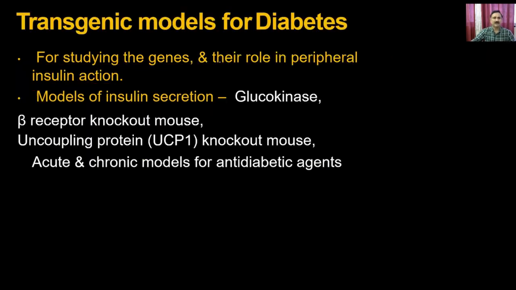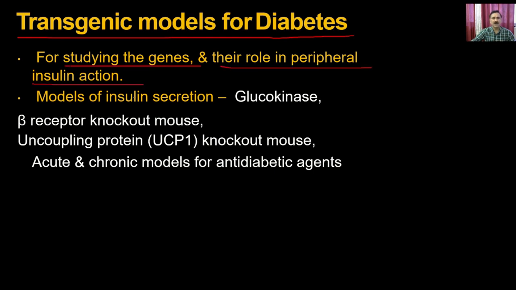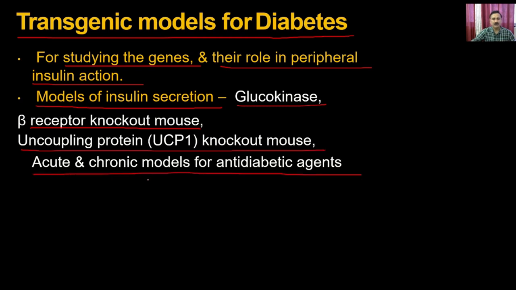Then you have the transgenic models for diabetes. These transgenic models for diabetes are good for studying genes and their role in peripheral insulin function. They are also good as a model of insulin secretion. So you have the glucokinase and beta receptor knockout mice, or uncoupling protein UCP knockout mice, and that is going to give you acute as well as chronic models for anti-diabetic agents.